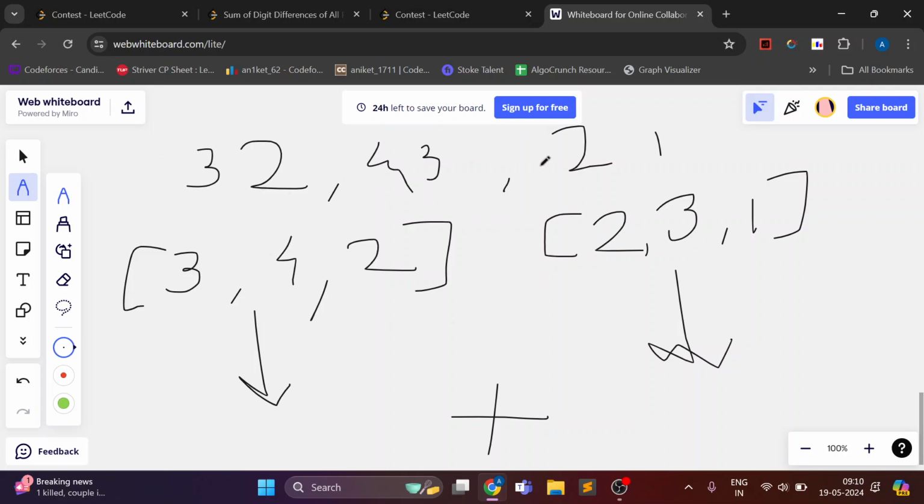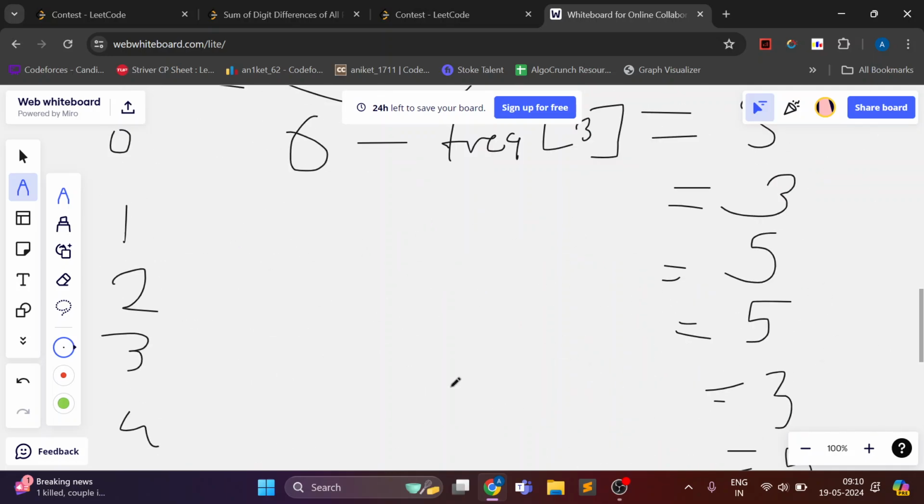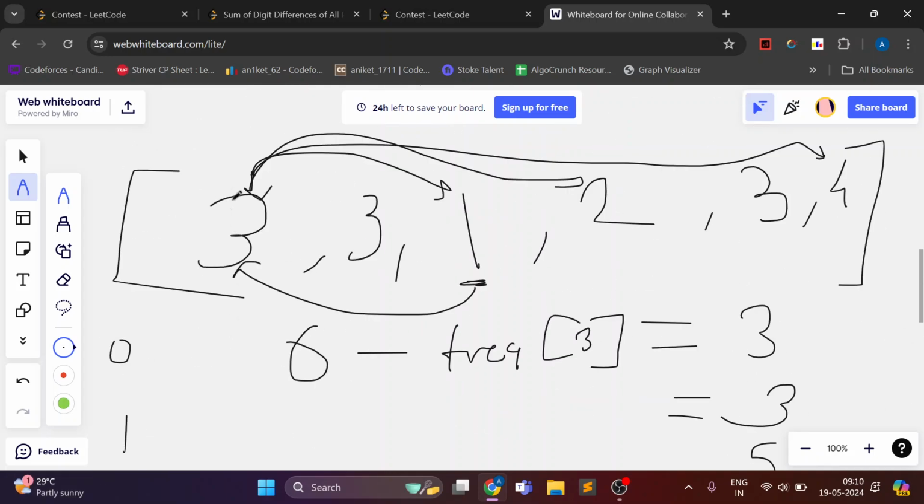Now this was the key idea, to find the answer digit-wise, and for each digit find the contribution of that digit. For finding the contribution, first I'm finding the contribution of the ith index for 3, and the formula will be the size of the array minus the frequency of that element. So all the other elements are contributing to that selected element.